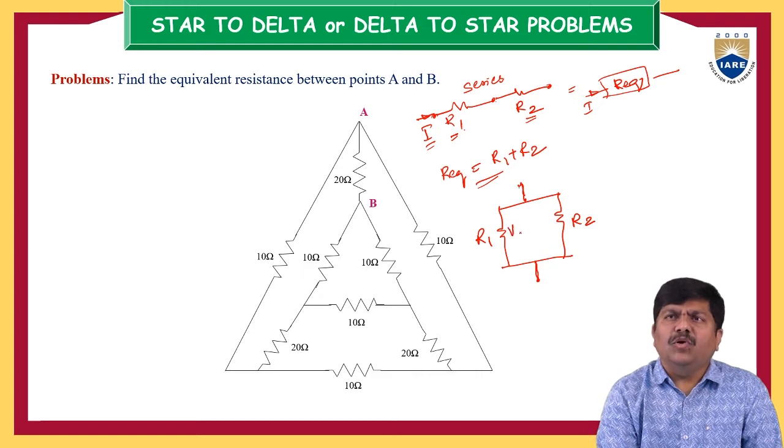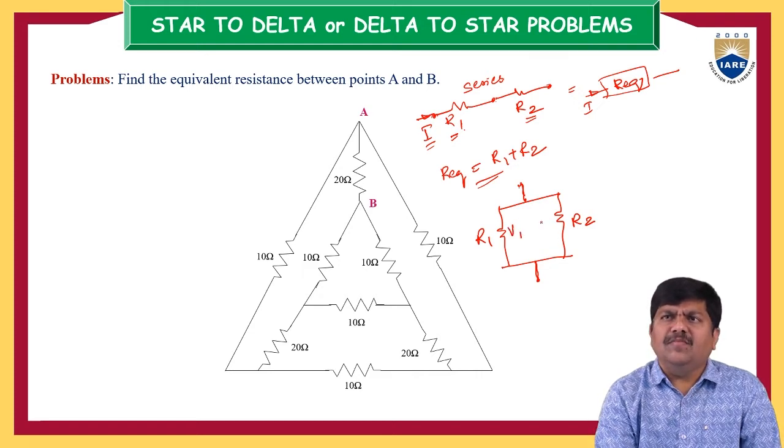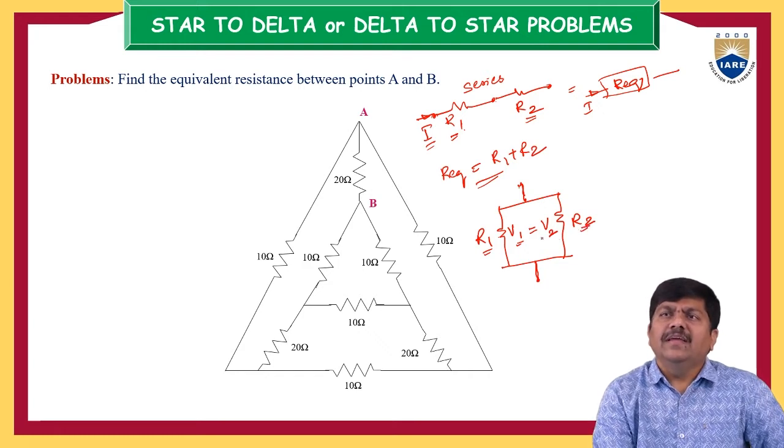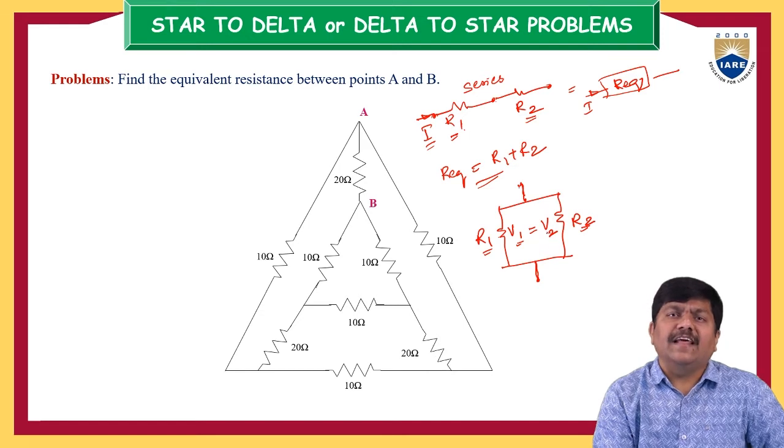If you calculate the voltage across R1 and the voltage across R2, and R1 and R2 are connected such that the voltage across R1, V1, is equal to the drop across R2, V2, and this happens because of the physical connection, then the physical connection is said to be parallel.